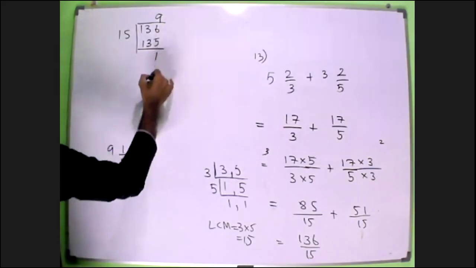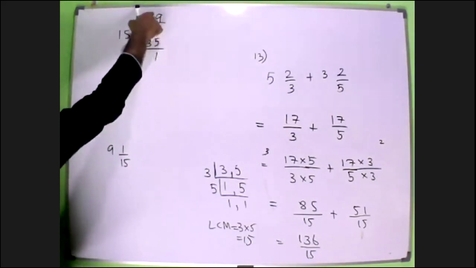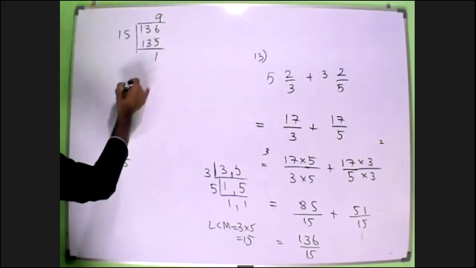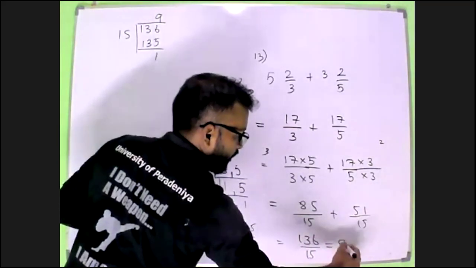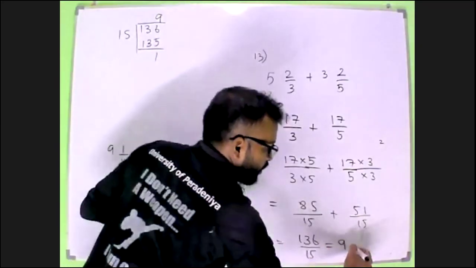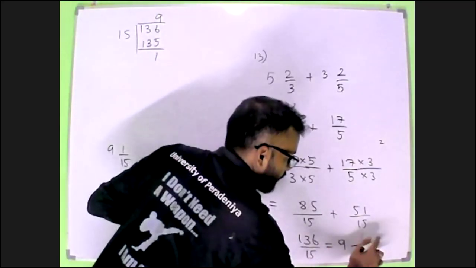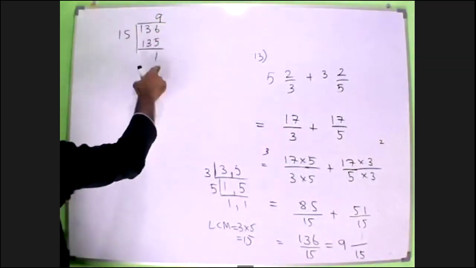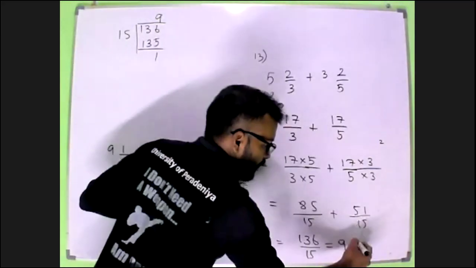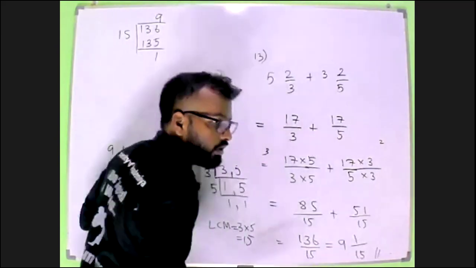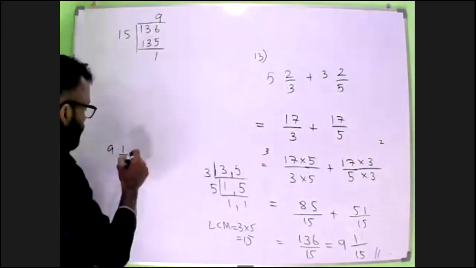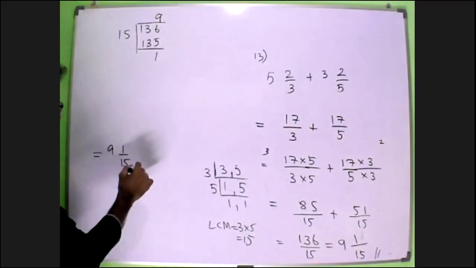So the remaining part is 1. So the quotient is 9, which is my whole number part, and the denominator is 15. The remainder is 1, which comes to the numerator. 9 and 1 upon 15. So the previous answer is 9 and 1 upon 15.